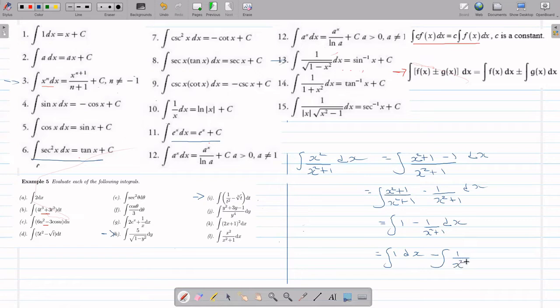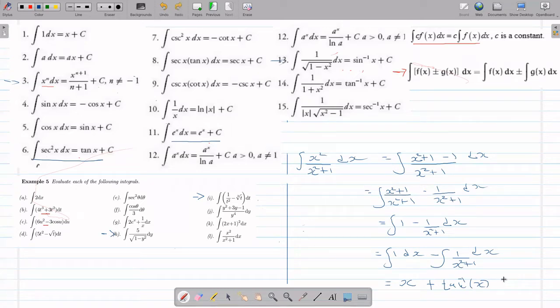Why do I do this one? Because here there is 1 over x squared plus 1, see, tan inverse. There is an integration formula for that. And also for 1 dx, I have x. So this one is x minus tan inverse x, plus constant c. The dx goes away because we integrate.